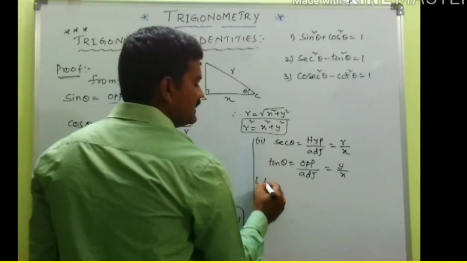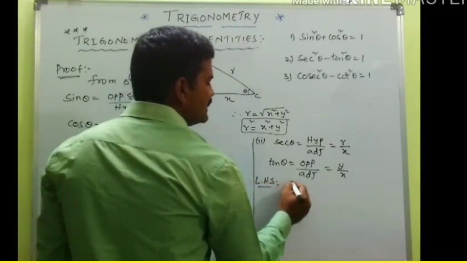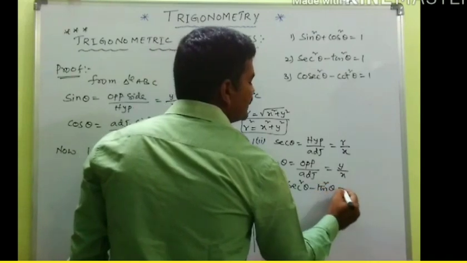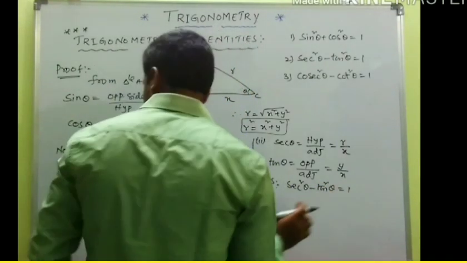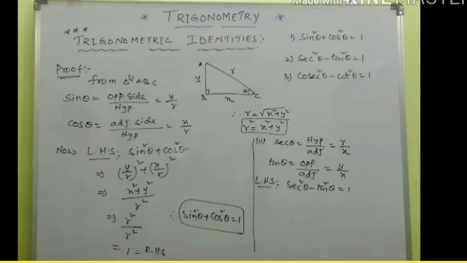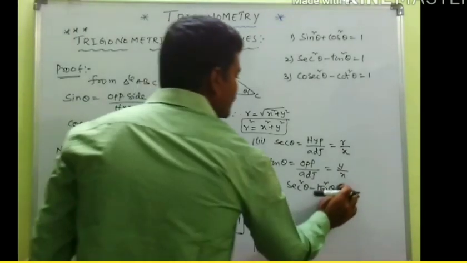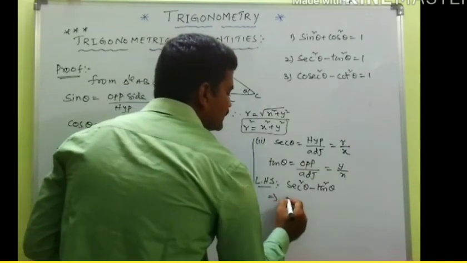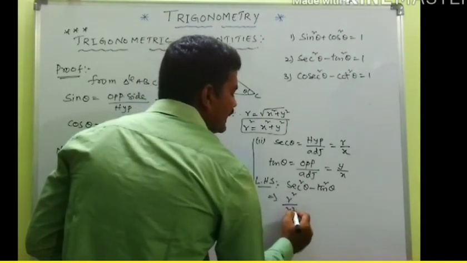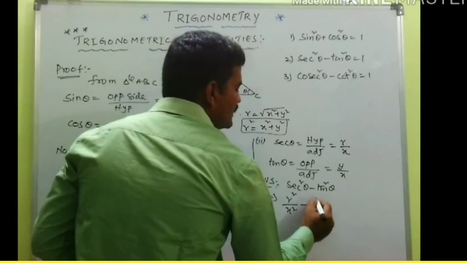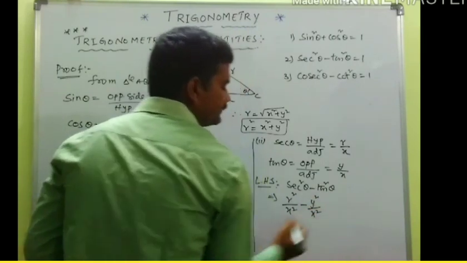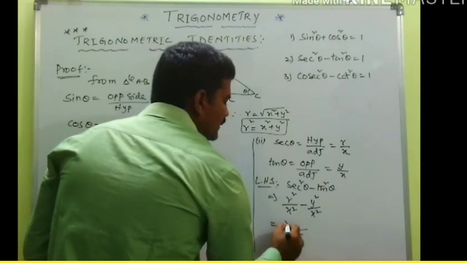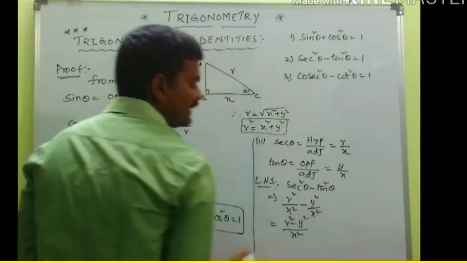So go for LHS. What is LHS? Secant square theta minus tan square theta, and we need to find that it is 1. Now secant theta is R by X, so it is R square by X square minus Y square by X square. LCM is X square, so here we are getting R square minus Y square.